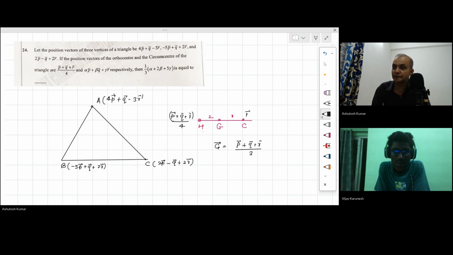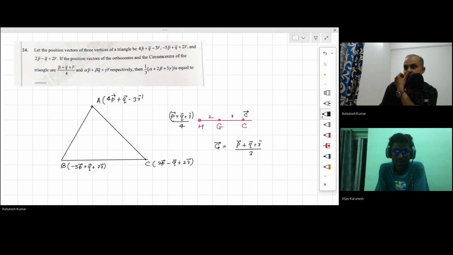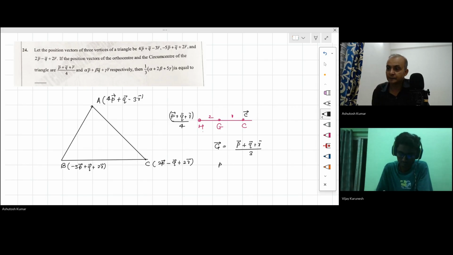So we write P plus Q plus R by 3 is equal to 2 times C plus P plus Q plus R by 4, all by 3. The 3 cancels.